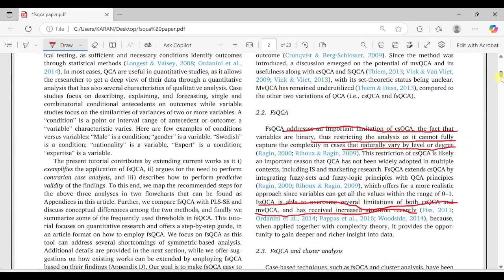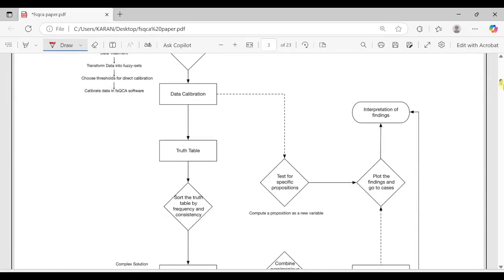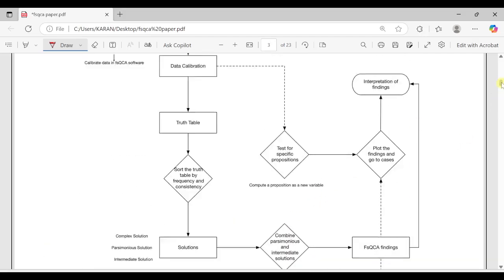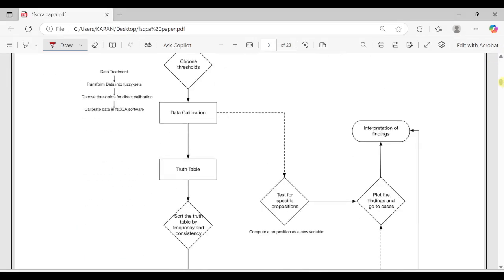Going further, the authors have beautifully presented the basic steps in fsQCA. You see here the basic steps in fsQCA. They have explained that once you have the sample, do the contrarian case analysis and then choose the threshold, data treatment, transform data into fuzzy sets, choose thresholds for direct calibration, calibrate data in fsQCA software.